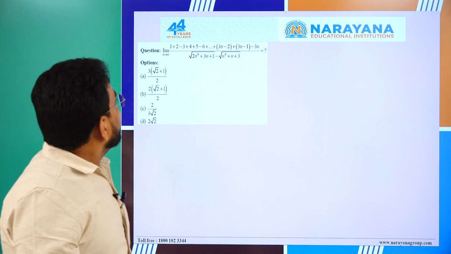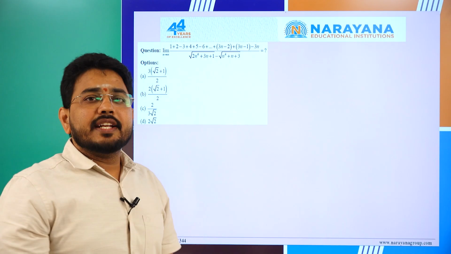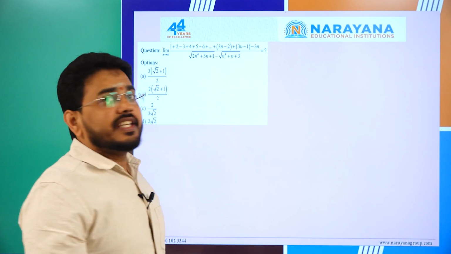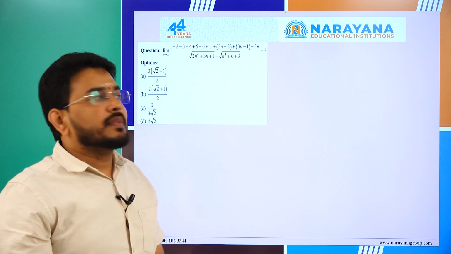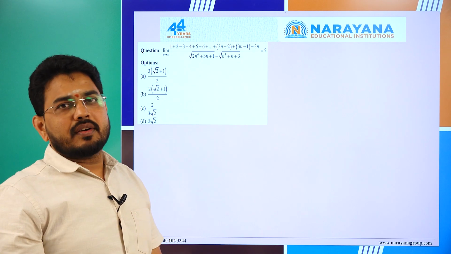This is from the limit question, n tending to infinity. Numerator numbers are there, denominator is under root of biquadratic.